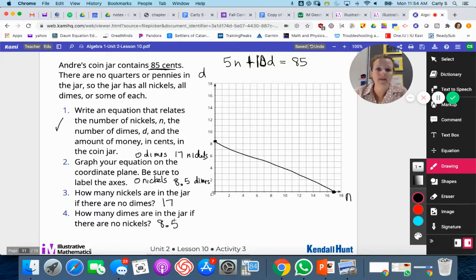No. There will never be no nickels. There has to be a nickel. So our constraint would be we have to have at least 1 nickel in the jar. Not possible to have 0 nickels in the jar.